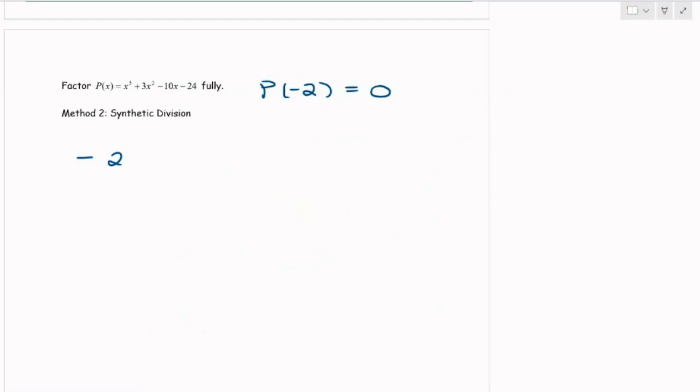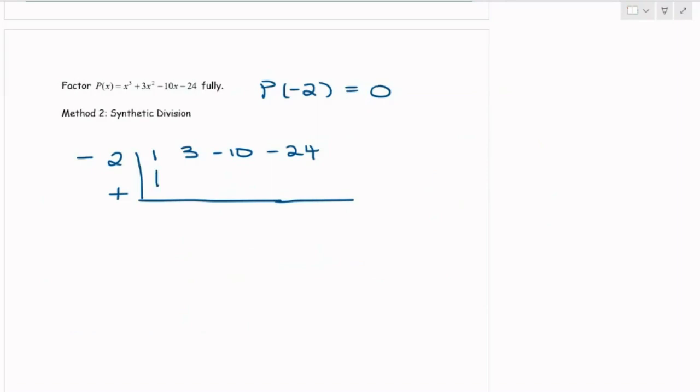Certain textbooks will do it a little differently. They all work out the same way. The way I'm following is with the negative 2 on the outside of my little L chart. I'm going to place all these coefficients in my L chart. So 1, 3, negative 10, and negative 24. And I'm going to place a plus on the outside.